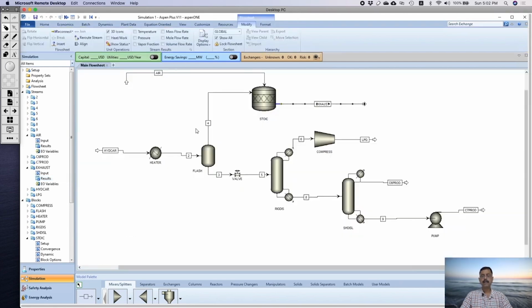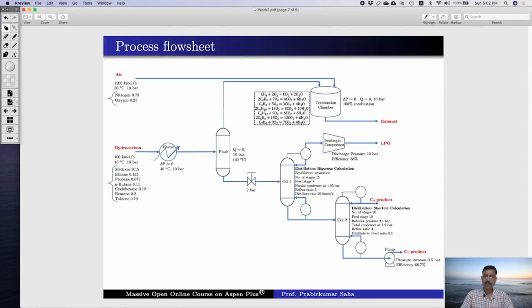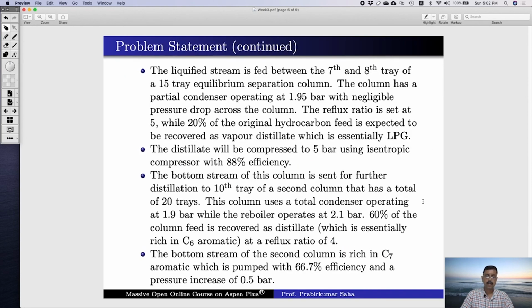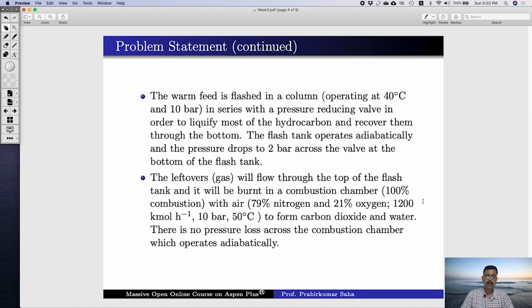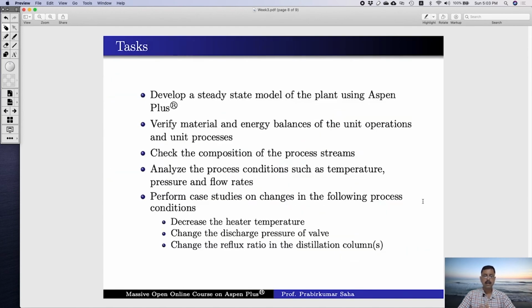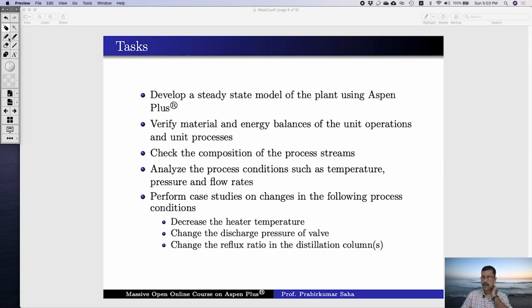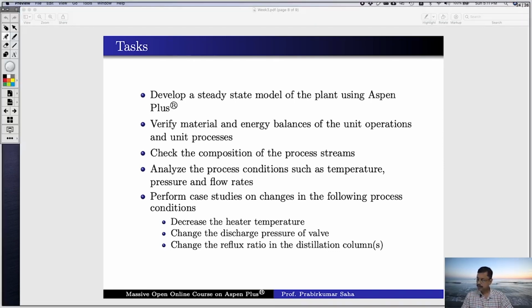So this is the complete simulation of the process flow sheet that we have discussed so far. We have developed a steady state model of the plant.